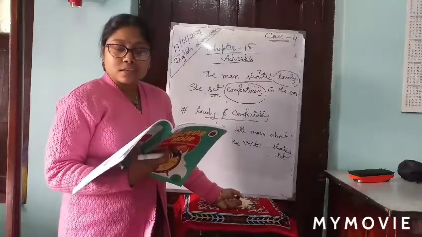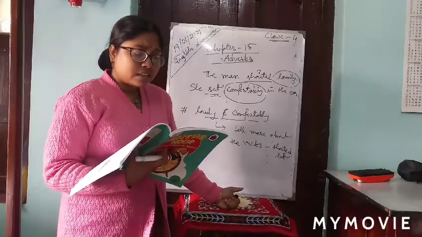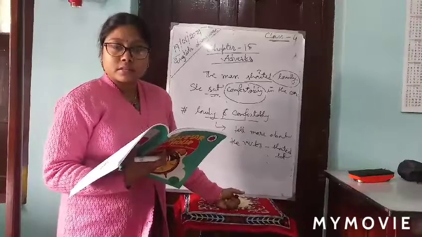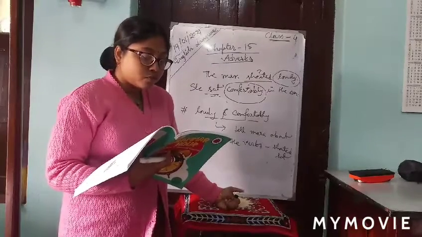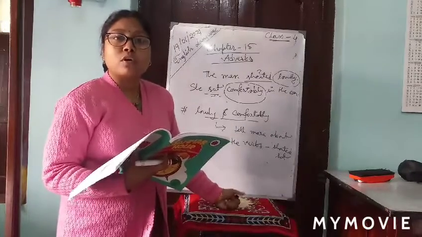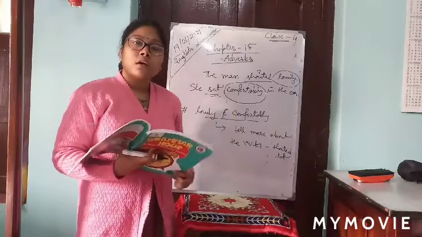When? The old man is sitting there. It tells us where the old man is sitting. Third, the woman is walking happily with her dog. Happily tells us how the woman is walking. How? The manner.